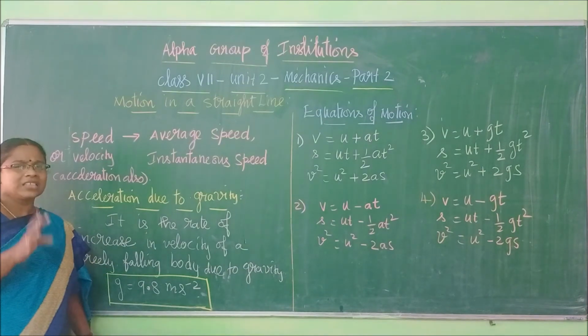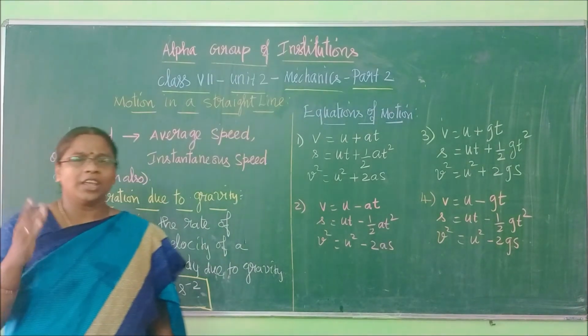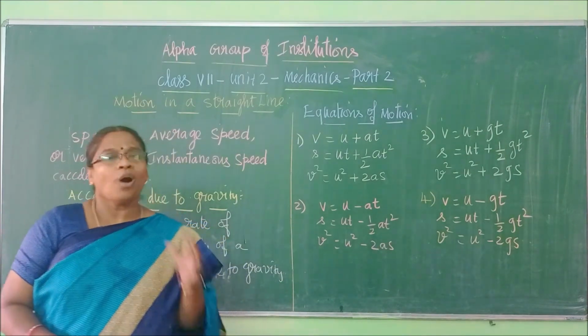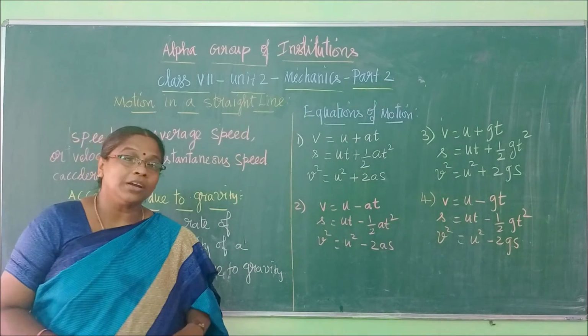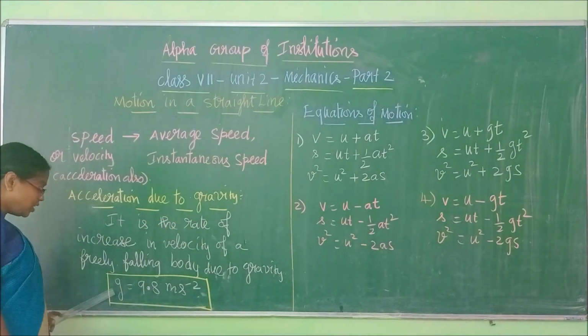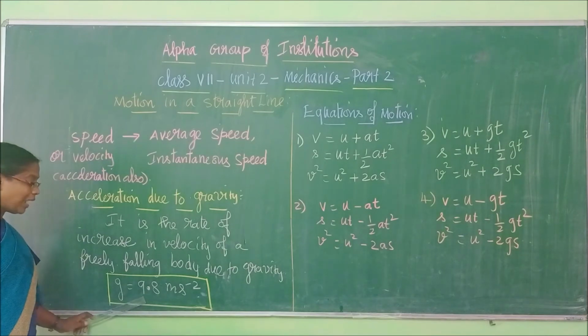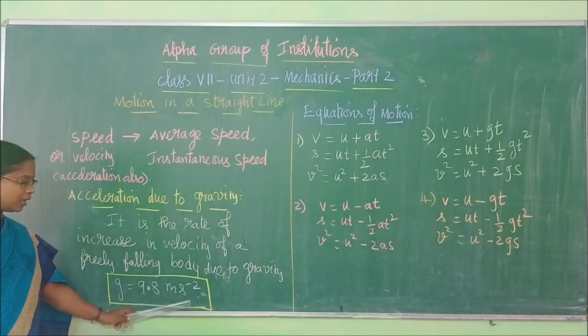This acceleration due to gravity varies from one planet to another. For Earth, it is denoted by a small letter g, which has the value 9.8 in magnitude. What is the unit?